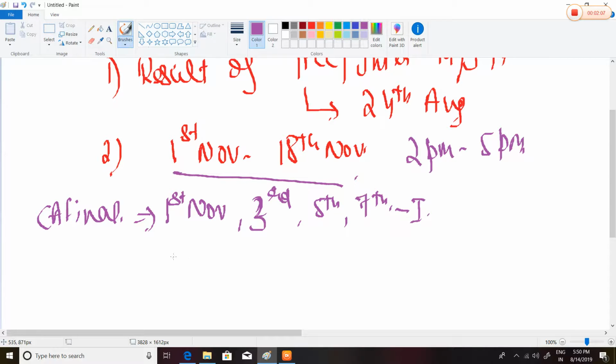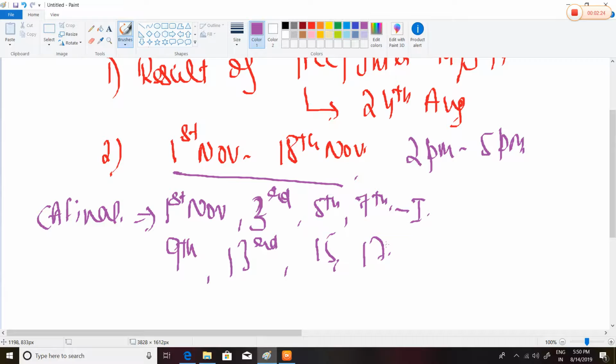Then the second group will be from 9th November. Then 13th, 15th and 17th November will be the exam dates for group 2 of CA final.